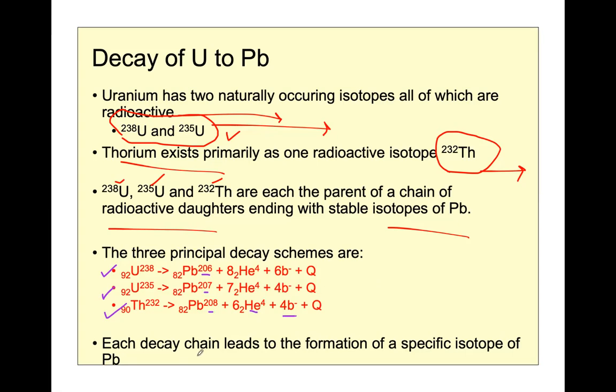So the specific lead isotope formed in these three schemes is like this. That means 238 forms 206, 235 forms 207, and thorium 232 forms lead 208, right? So these are the three decay systems.